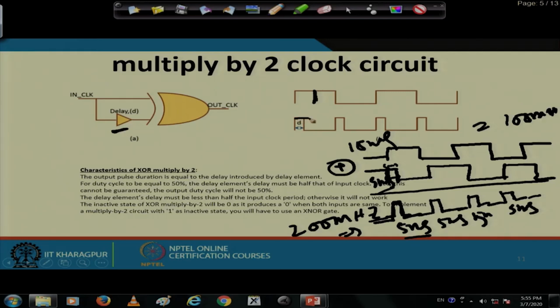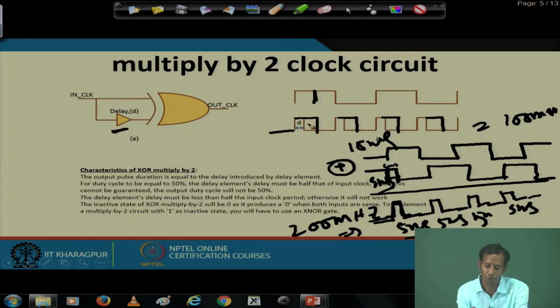At that time the signals will look like this, again like this, and again like this, and I will get one clock with a 50% duty cycle but with double the frequency. So, this kind of circuit we can use for multiply by 2.